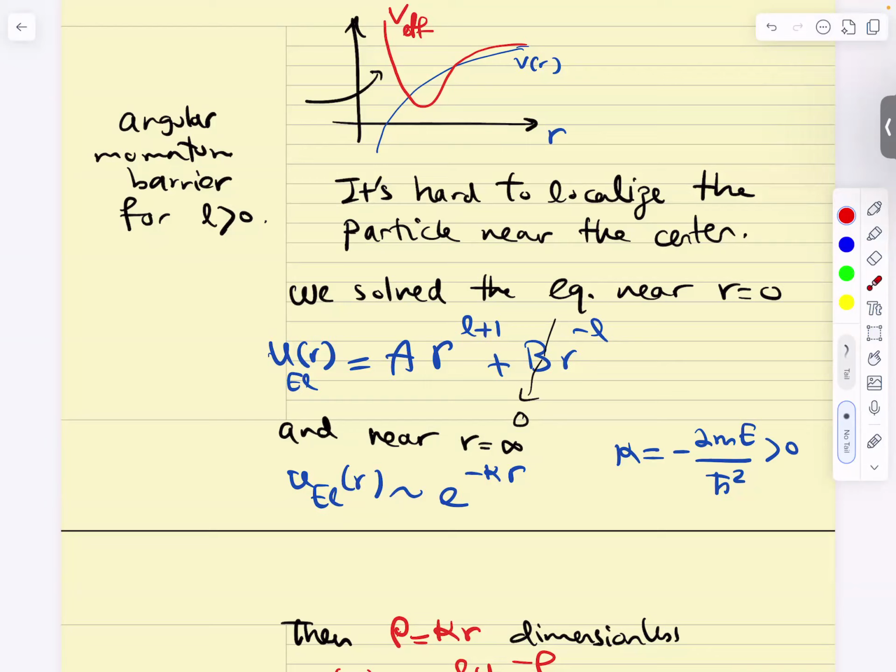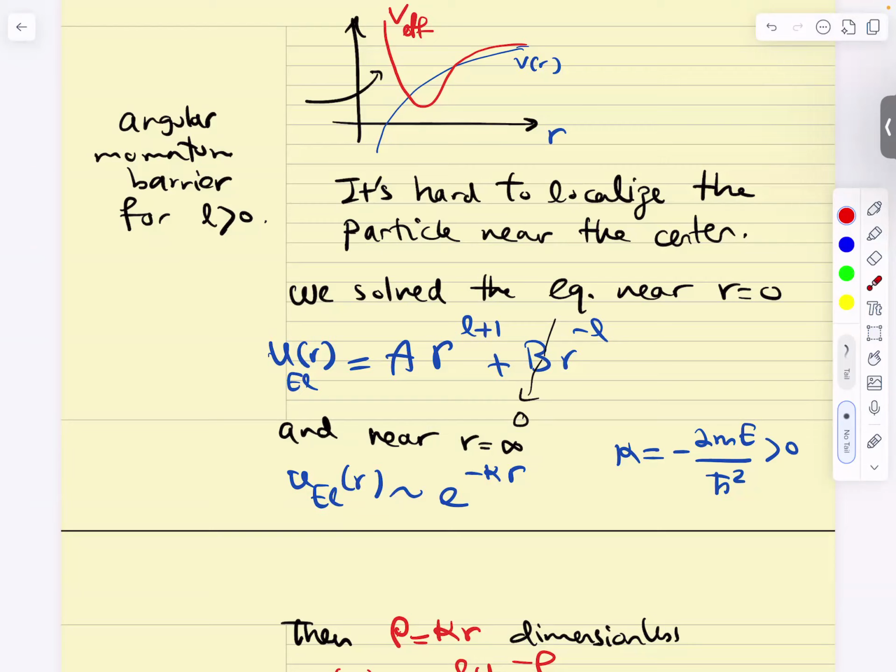If you pick the wave function with that sign, you will have a problem: it won't be normalizable. I hinted at the calculation, and it's in the notes.